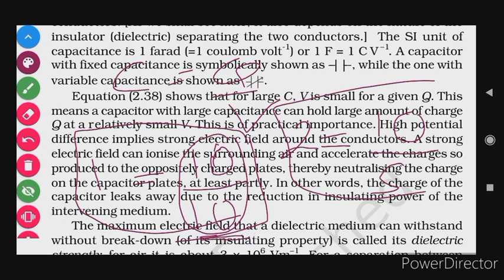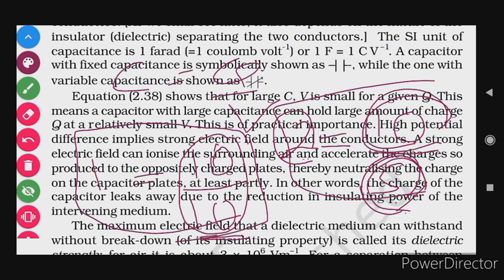In the second, for the same 10 charge, the potential difference is 5 volt. So a capacitor having a larger capacitance, 2 here, can hold more charge at a small potential difference.